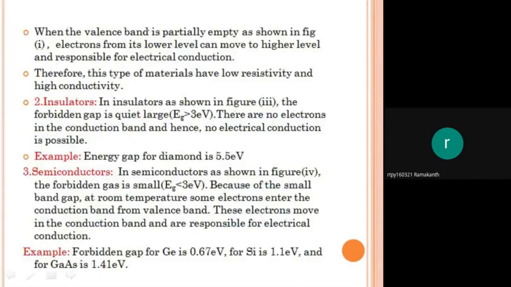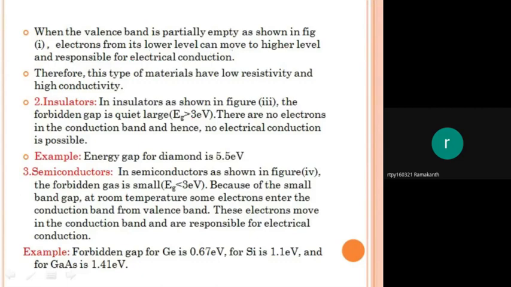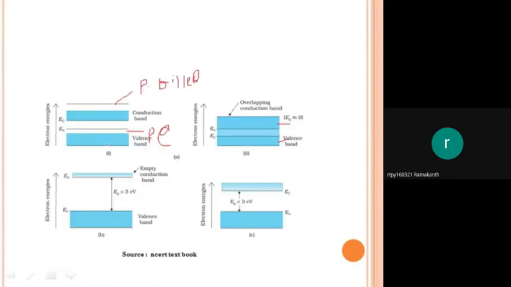When the valency band is partially empty, electrons from lower energy can move to a higher energy level and are responsible for electrical conduction.